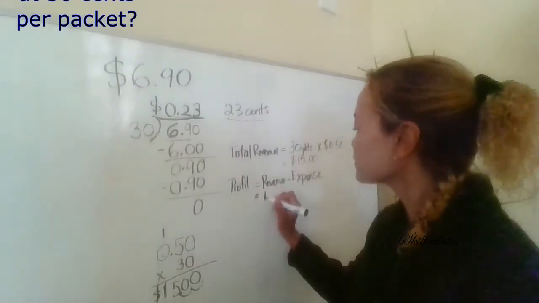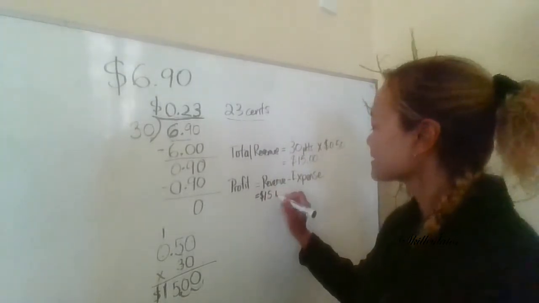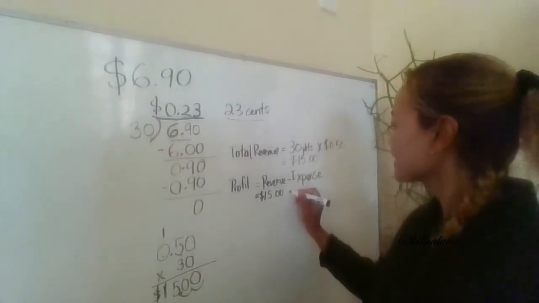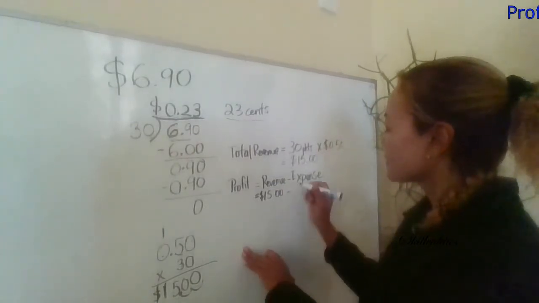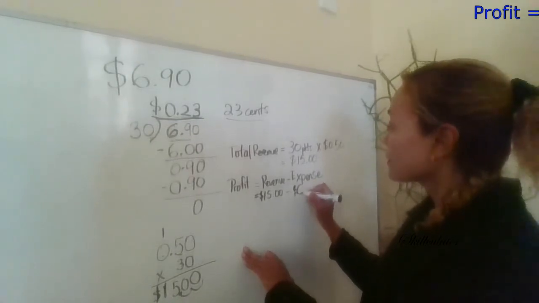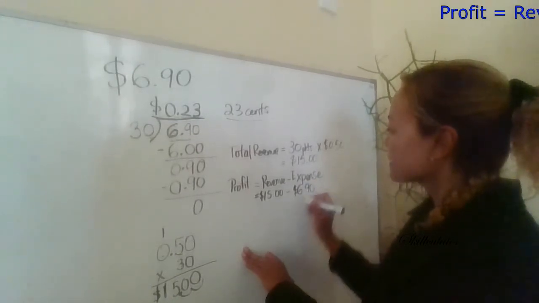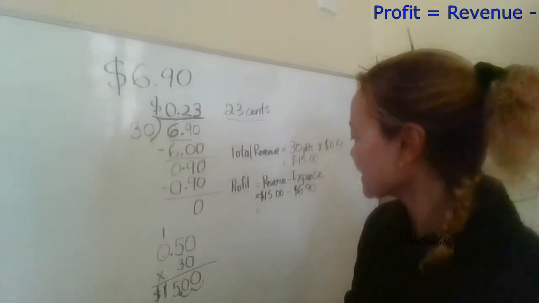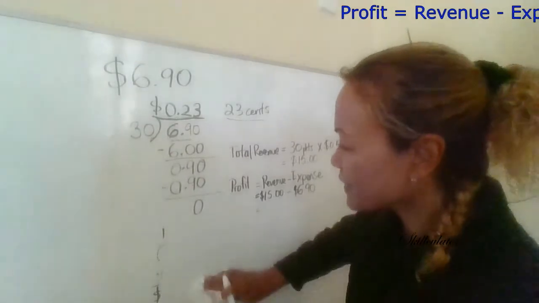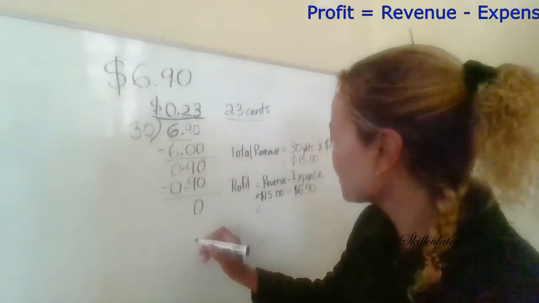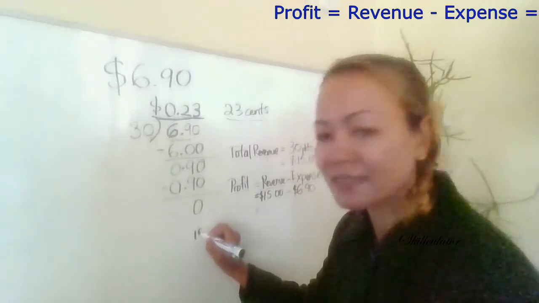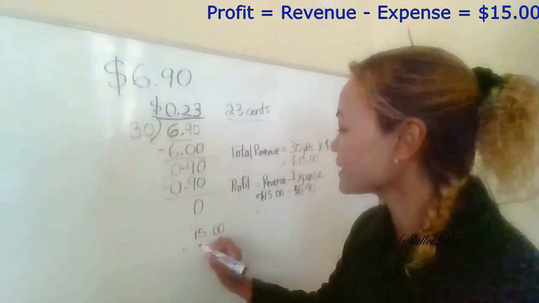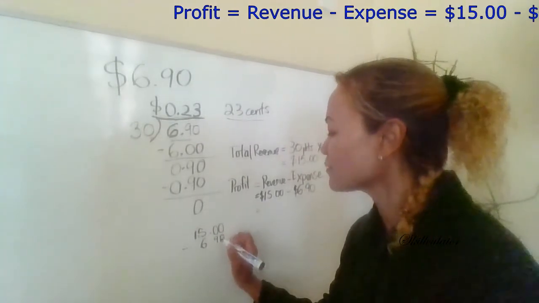Which is equal to $15 minus $6.90. Okay, again, it's easier for your working out to be in the format that you're used to. So let's do it down here. 15.00 minus 6.90.